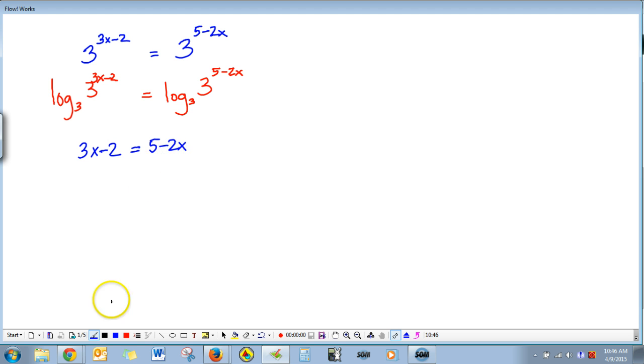And then we can just solve this. Add 2x to both sides. We get 5x minus 2 equals 5. Add 2 to both sides.